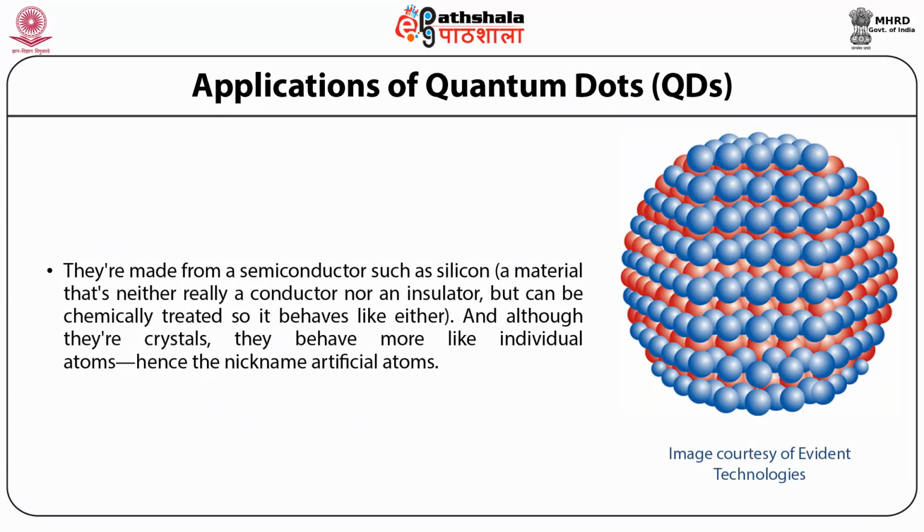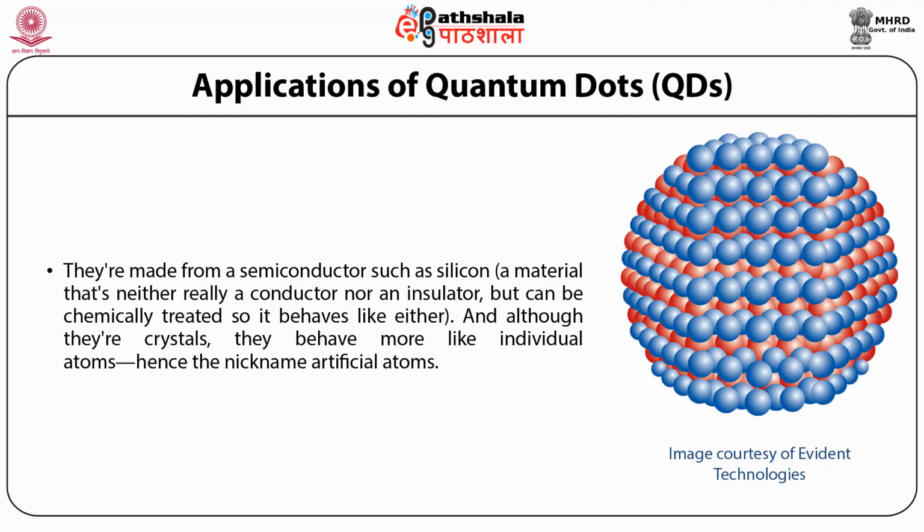They are made from a semiconductor such as silicon, a material that's neither really a conductor nor an insulator, but can be chemically treated so it behaves like either. And although they are crystals, they behave more like individual atoms, hence the nickname artificial atoms.